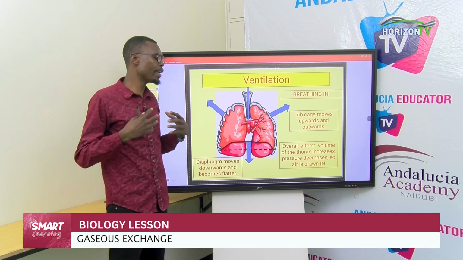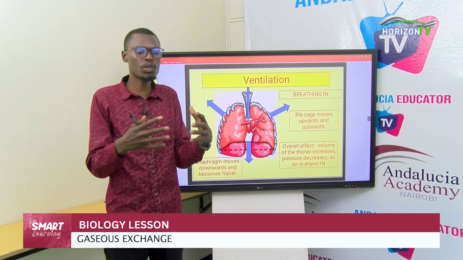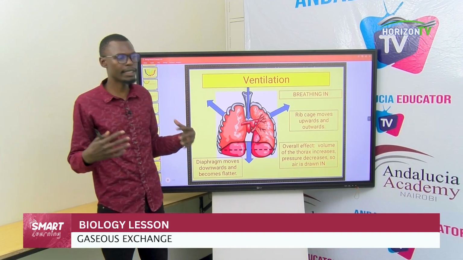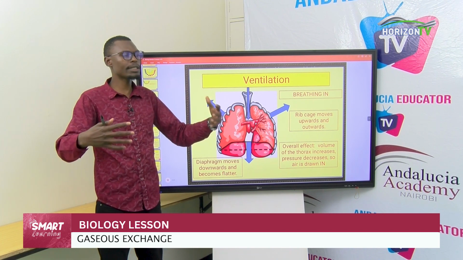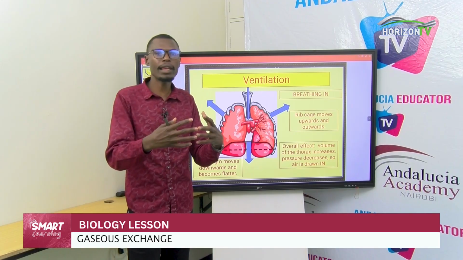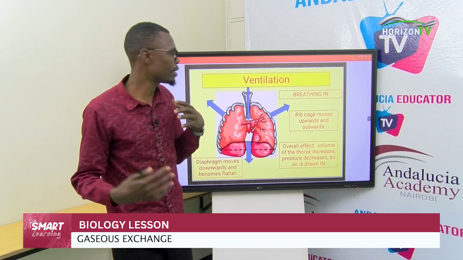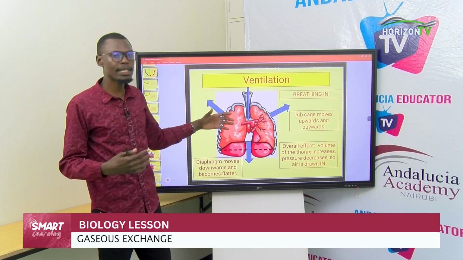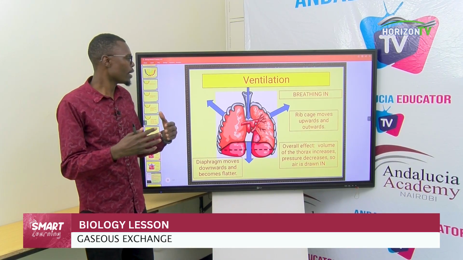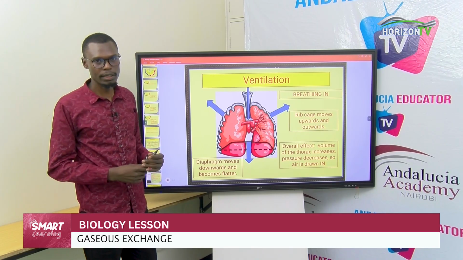So during breathing in, the internal one will relax just to open to allow more gas to get in, while the external intercostal muscles will contract because the lungs can overexpand. Just to prevent that, these intercostal muscles have to ensure that the internal ones relax and the external ones contract.